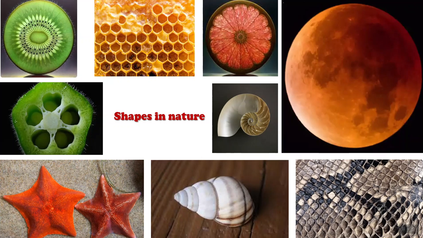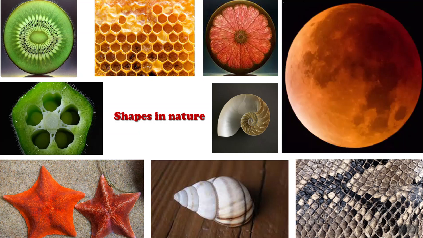These shapes can be found naturally in nature. So some animals, some objects in nature, they are the same shapes we have seen previously. For example, the first picture up left is a section of a kiwi fruit. As you can see, it's perfectly circular with regular designs in it.